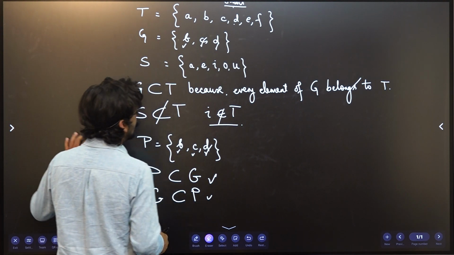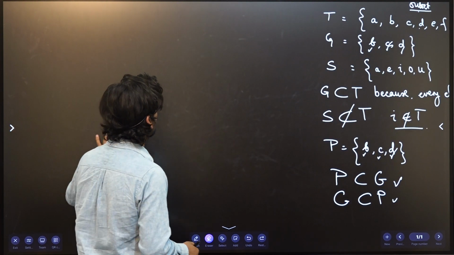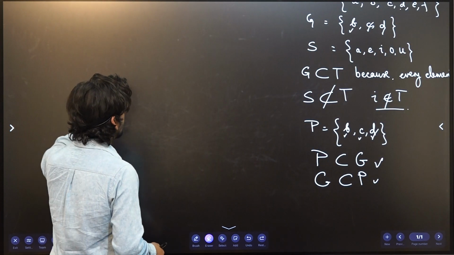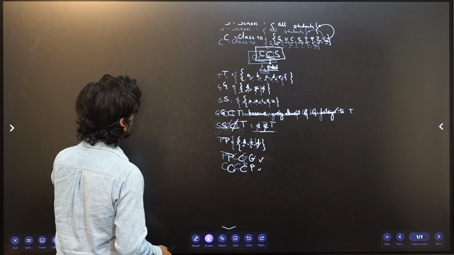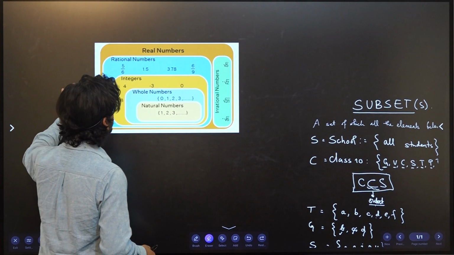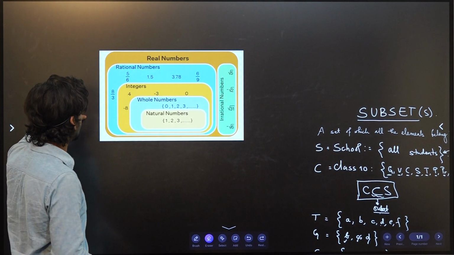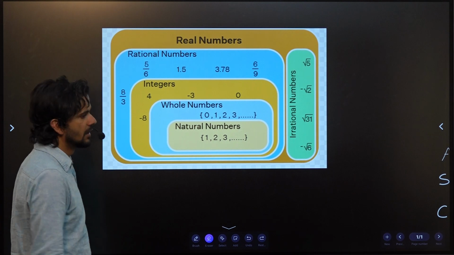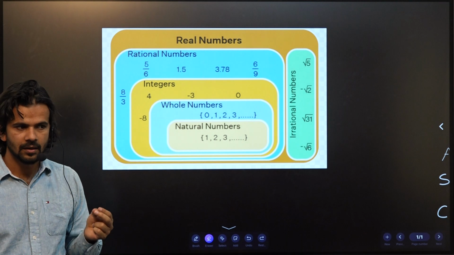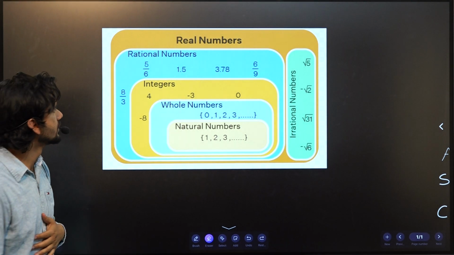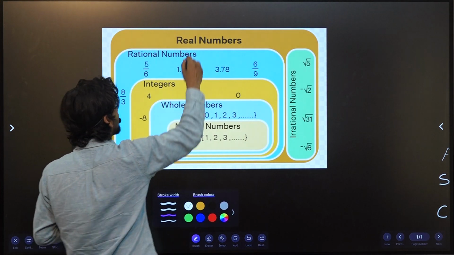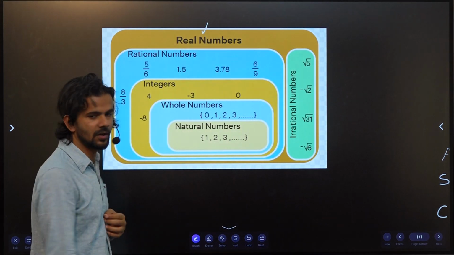All right. Now let's take an interesting example. Let's talk about subsets here. We know real numbers, right? All the numbers that we know till now are real numbers.